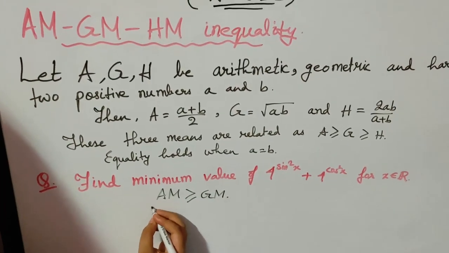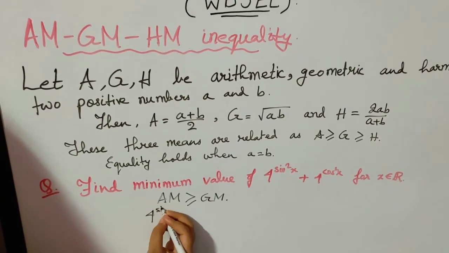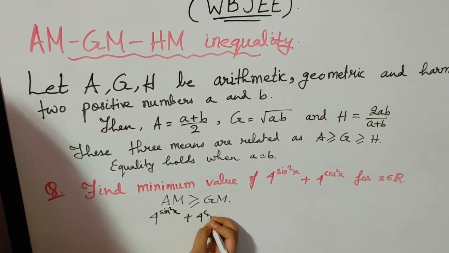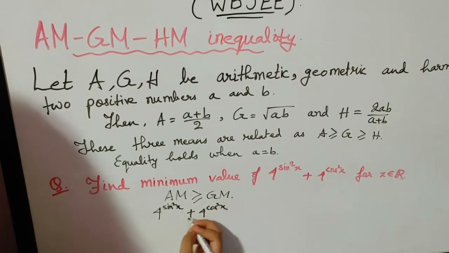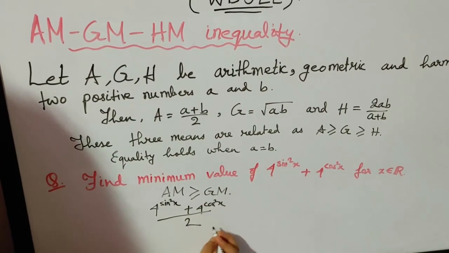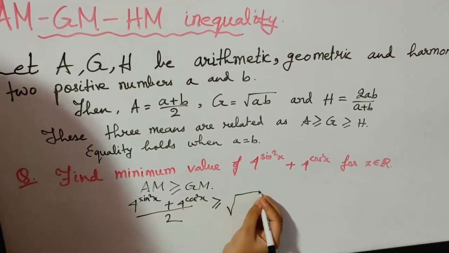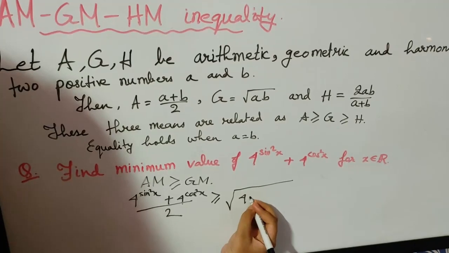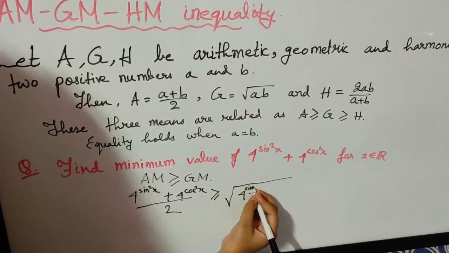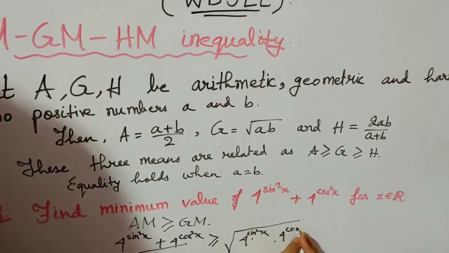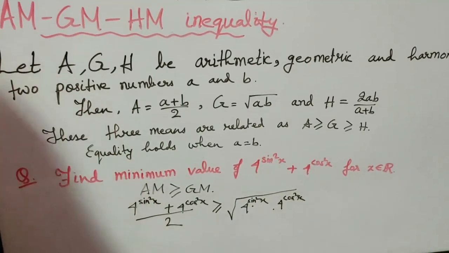So what we get is (4 to the power sin²x plus 4 to the power cos²x) divided by 2 should be greater than or equal to the root over 4 to the power sin²x into 4 to the power cos²x.